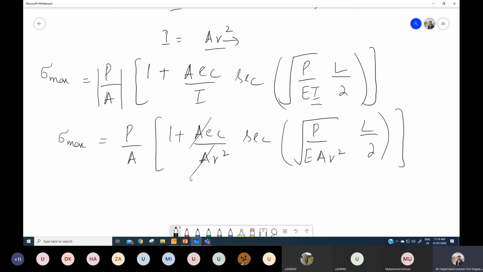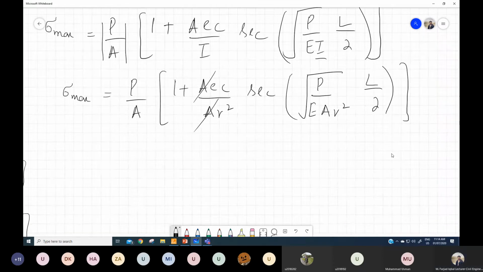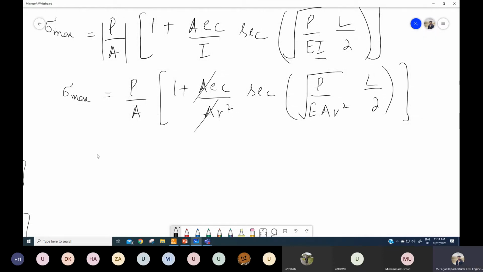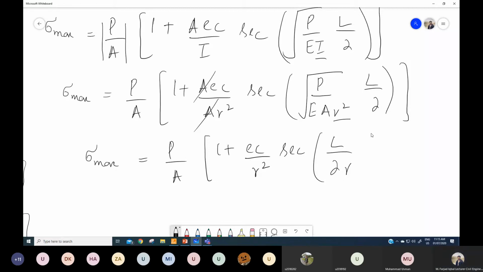This A will cancel out with this one. So I will be left with P over A into 1 plus EC over R square secant. This R will come out and it will be L over 2R under root P over E A.